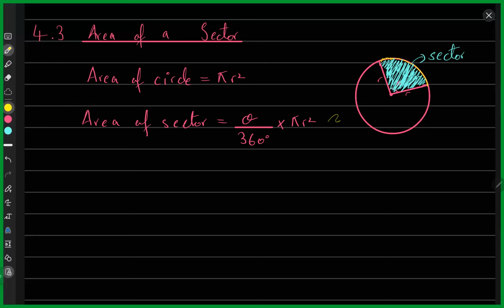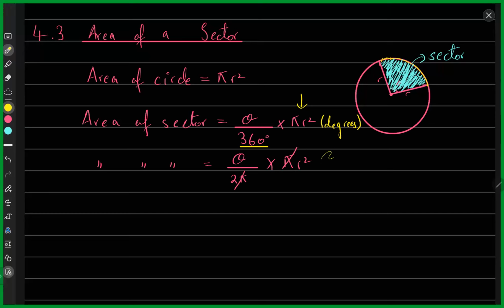And this is when the angle is in degrees. Okay, so it's very simple. It makes sense. For 360 degrees, it is pi r squared. For theta, it would be theta divided by 360 degrees multiplied by pi r squared. And if I talk about area of sector when the angle is in radians, it is going to be theta divided by 2 pi, because 360 degrees in radians is basically 2 pi, multiplied by pi r squared, and pi would be cancelled.